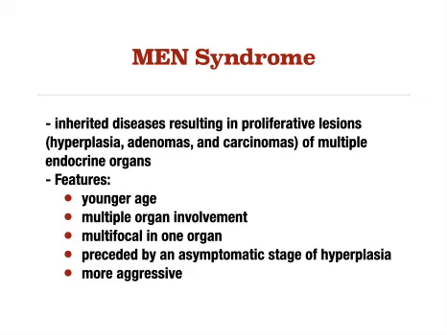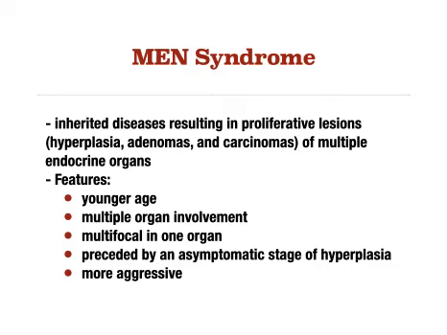Even if they are seen in one organ alone, the tumor may often be multifocal or may show multiple lesions in one organ. Okay? And the tumors are usually preceded by an asymptomatic stage of hyperplasia involving the cell of origin. For example, in MEN2 syndrome, when the thyroid gland is involved, particularly your parafollicular cells, initially there may be parafollicular cell hyperplasia in the thyroid parenchyma, and this may be followed by the development of your medullary thyroid carcinomas.